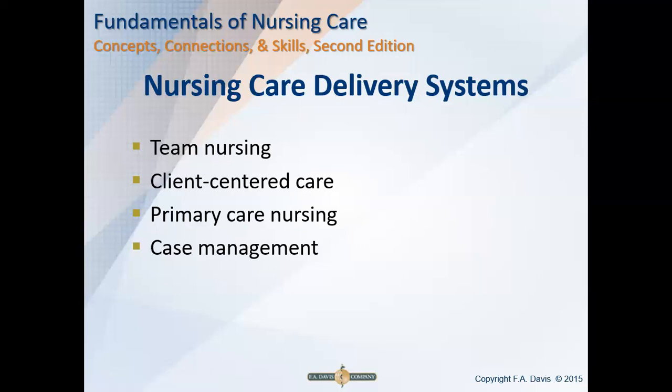So what is the definition of the nursing care delivery system? It is how work is organized, how nursing staff are deployed, and how nursing care is provided. It identifies who has the accountabilities for nursing clinical outcomes, and this system provides the organization, roles, and structure that define responsibilities and accountabilities.